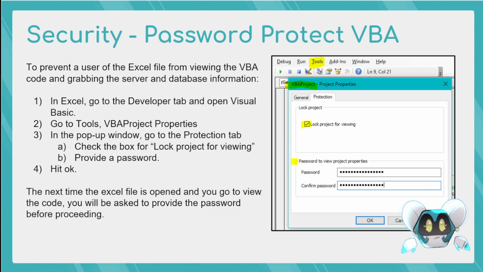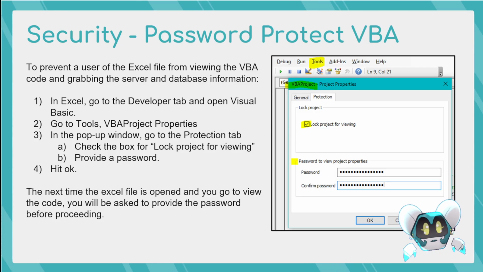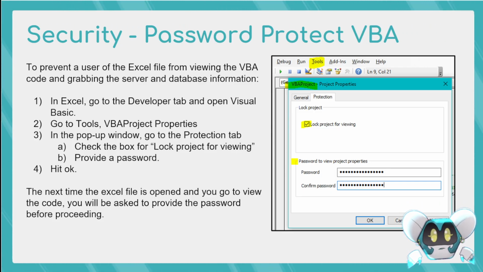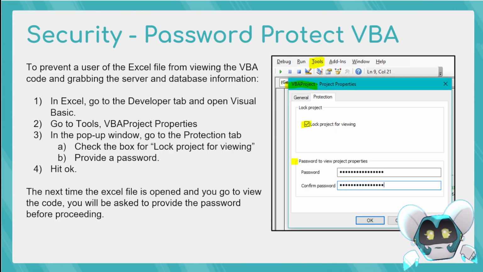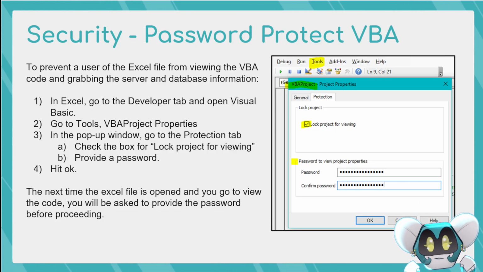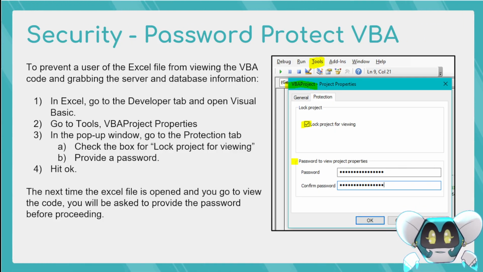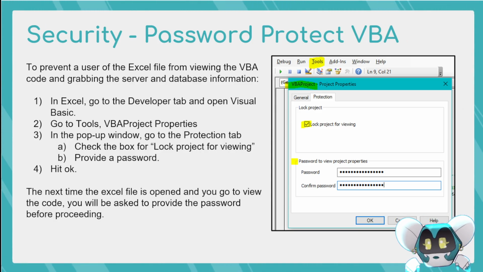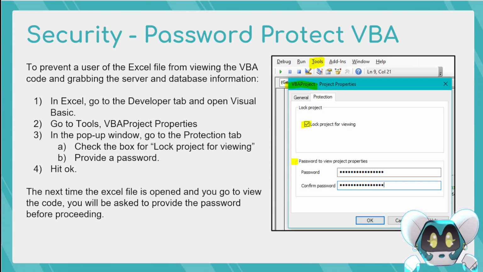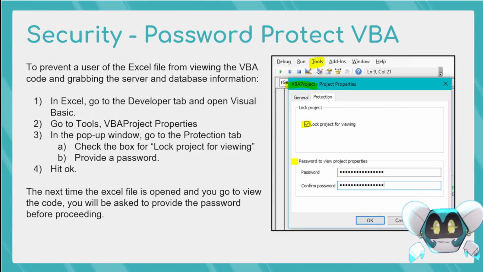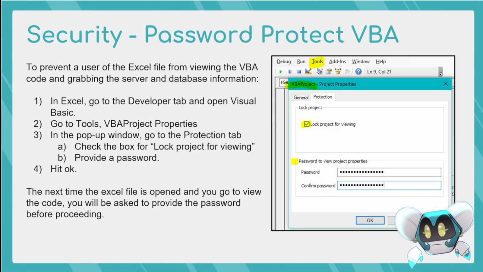They could see all of those credentials. So we can password protect our VBA coding so they do not have that access. Though granted, if you used a service account anyway that had very limited access, then the danger is lower, but always be safe, always practice data security.